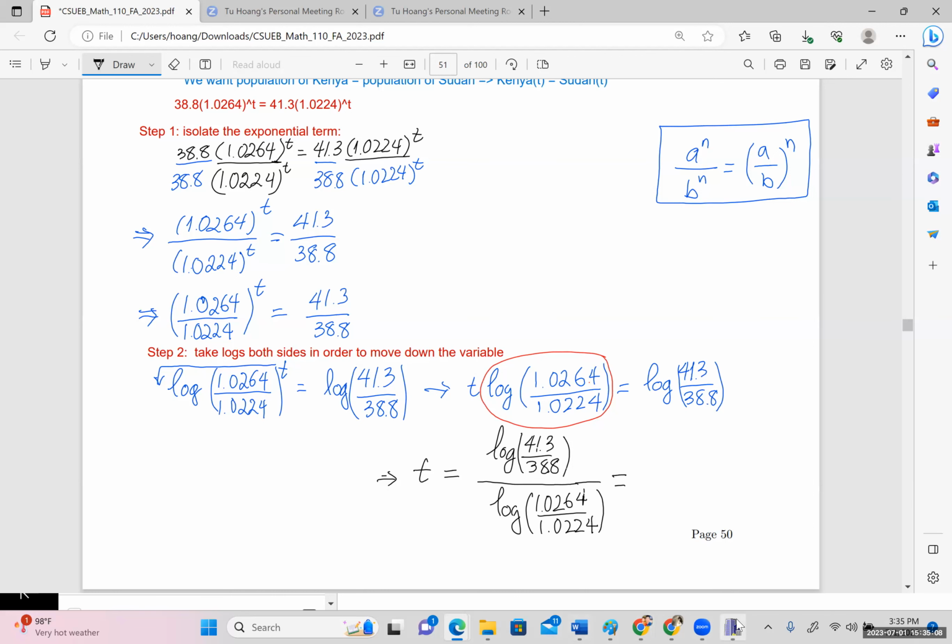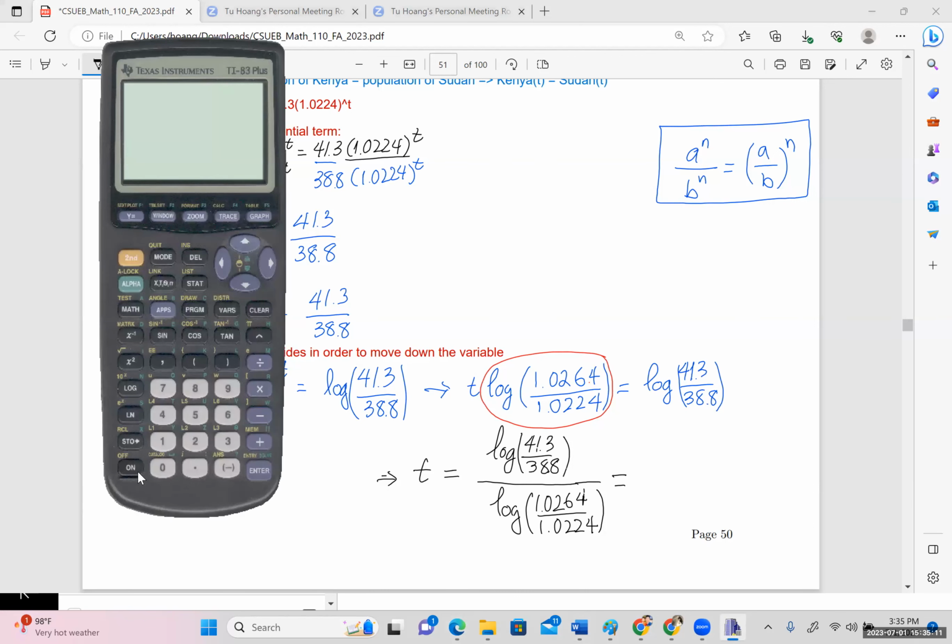Now you're going to have to use a calculator. Let me show you this. This is a little challenge if you don't know how to use calculators. So let's start with log: 41.3 divided by 38.8, close the parenthesis, and then divide by log of 1.0264 divided by 1.0224.